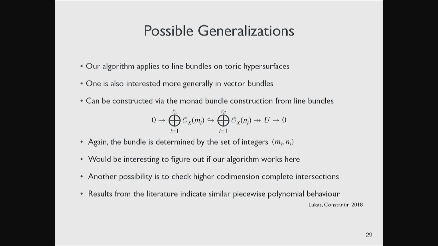But we can also check it here. We just didn't do it yet. As I say, the results from the literature in the case of complete intersections in products of projective spaces give an indication already that this polynomial behavior will still be there. And I think it's also expected from Hirzebruch-Riemann-Roch that locally the data is polynomial.